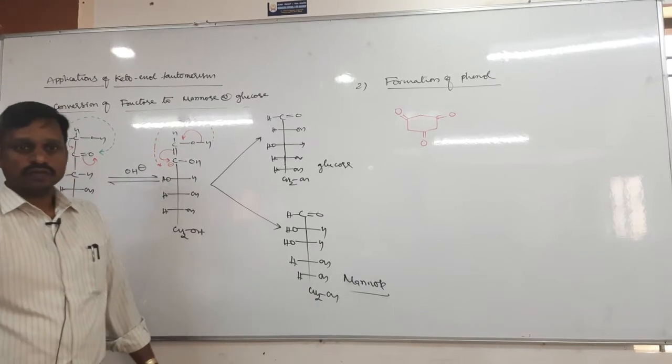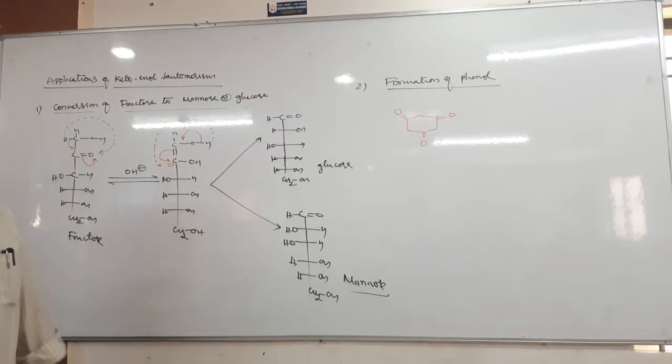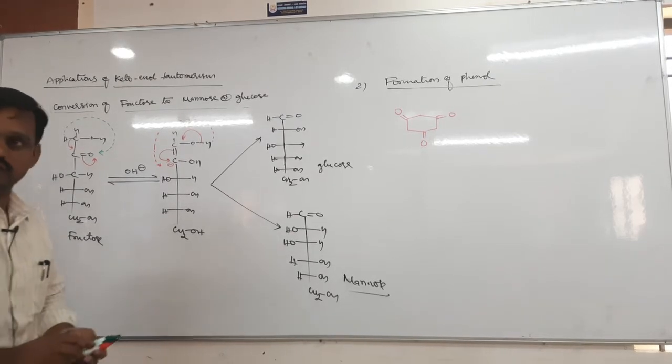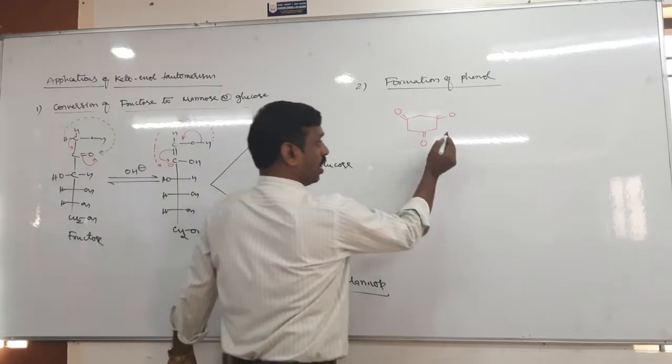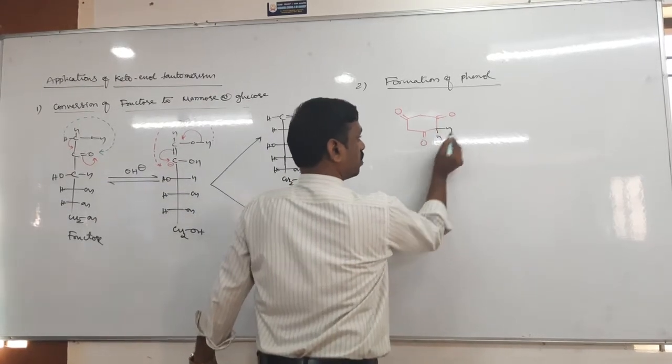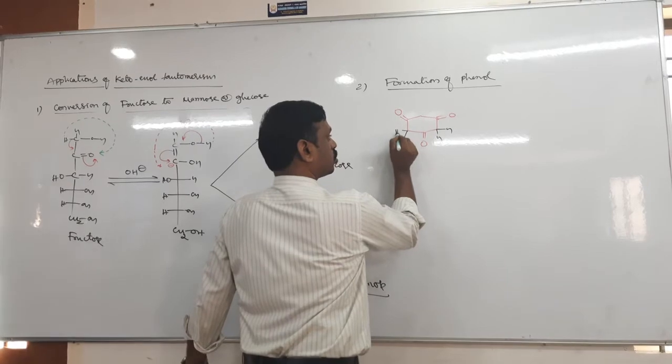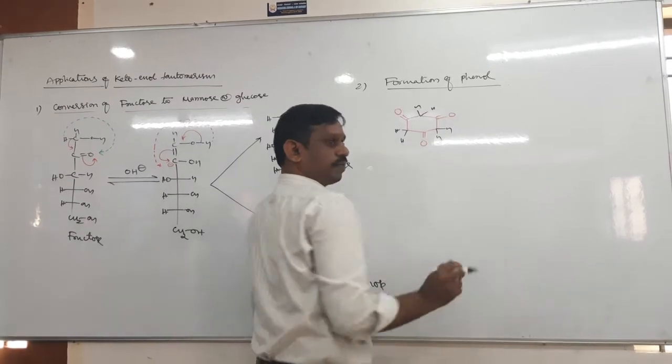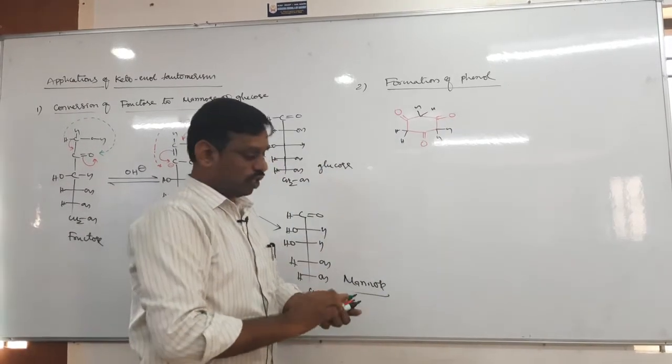If there are three keto groups, tell me, does it undergo keto-enol tautomerism or not? Yes. Why? Adjacent carbon is sp3, with two hydrogens here, two hydrogens here, and two hydrogens here also. Now tell me what happens.